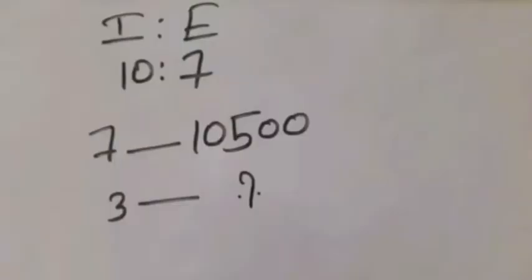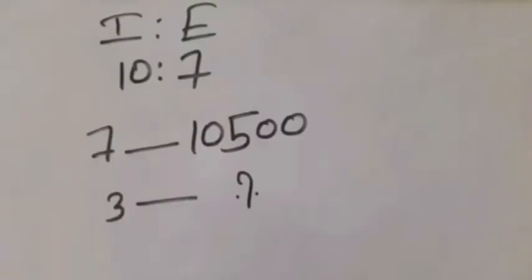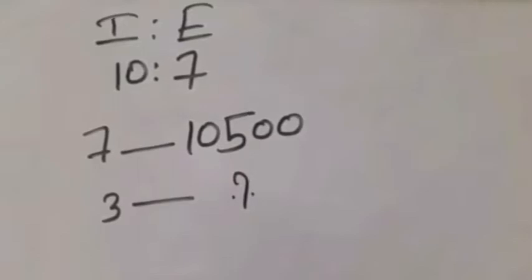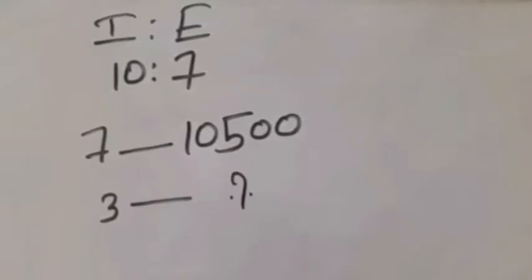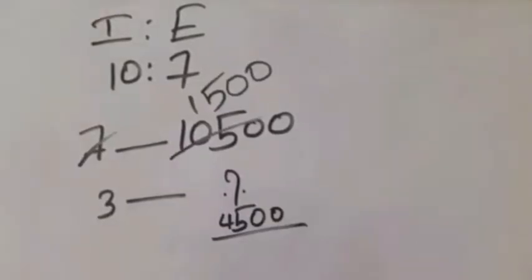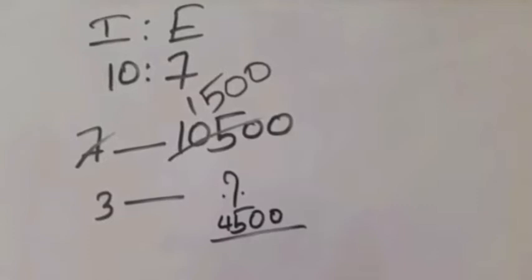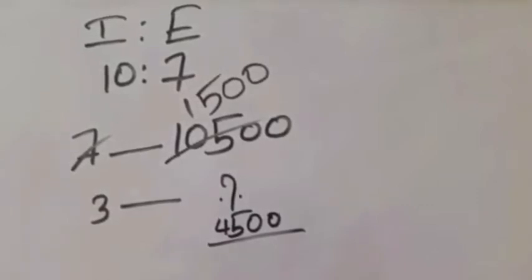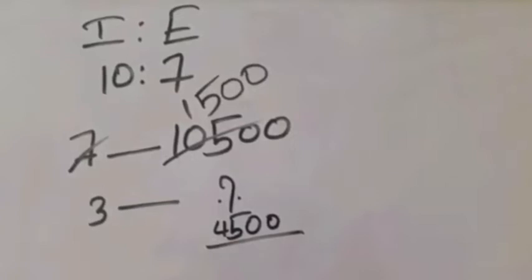The given 7 parts is 10,500. They are asking 3 parts is how much. Simply do the calculations, you will get the answer easily. The answer is 4,500. So 7 parts is 10,500, 3 parts is 4,500. Hope you understand this calculation. Moving forward to the next question.